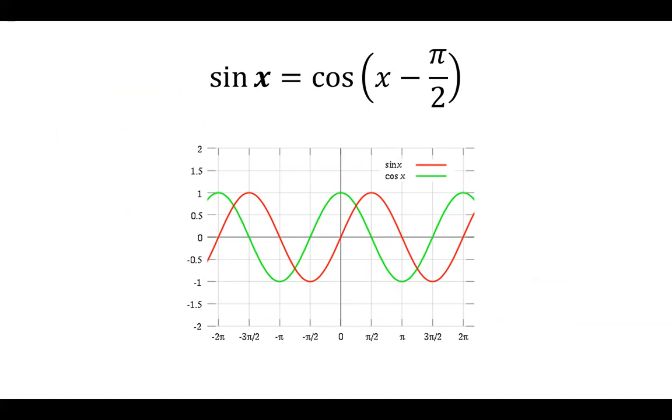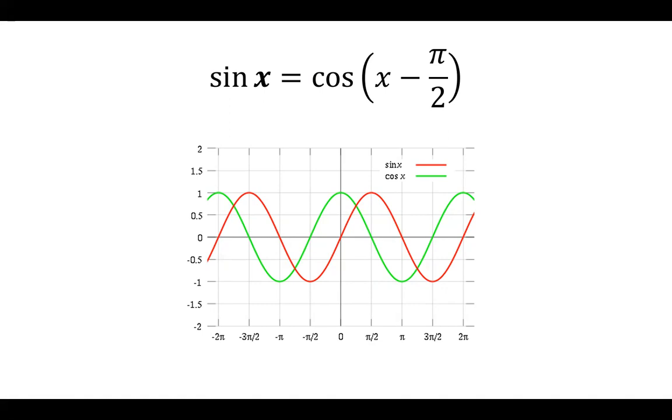And we see that wherever cosine x is, if you shift to the right by pi over 2, sine does the exact same thing. So we can see that cosine x is 1 when x is equal to 0. Sine x is 1 when x is equal to pi over 2. So they're really pi over 2 radians out of phase, or 90 degrees out of phase.